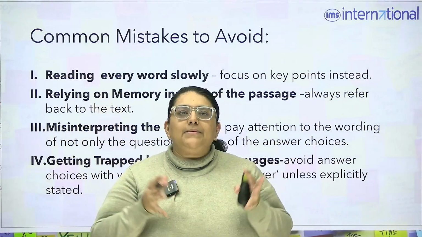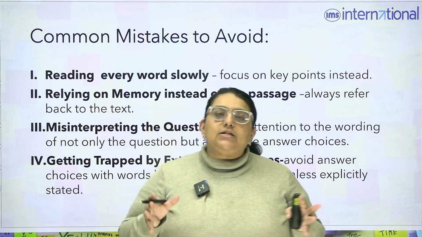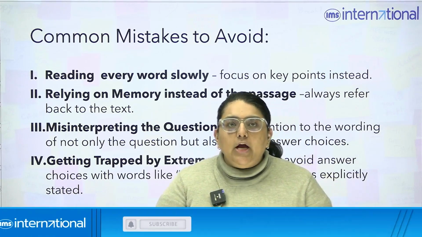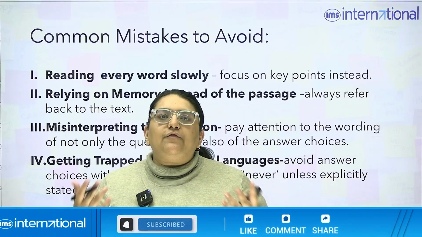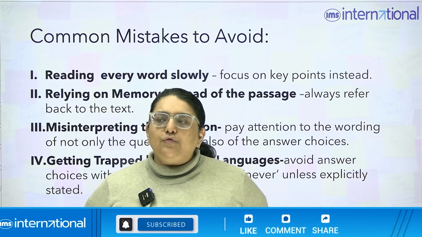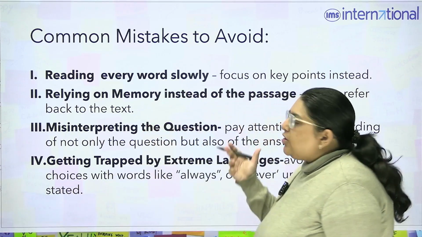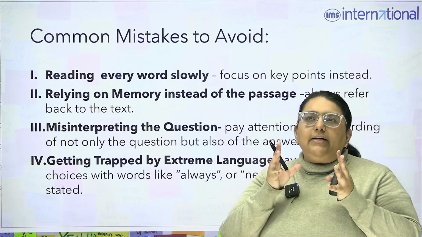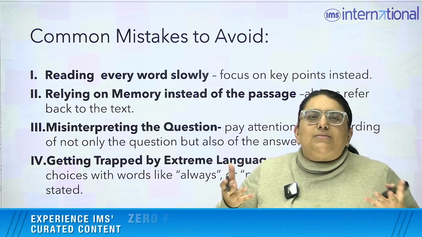So some of the common mistakes that we should avoid while solving questions on the GRE reading comprehension would be, first, to read every word slowly. We don't have to read everything given in the passage with utmost focus. I know you might think, what is ma'am saying?